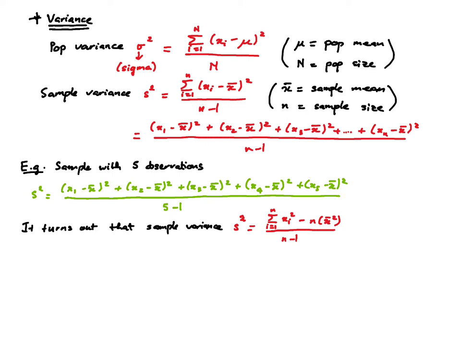So if you look at this example again, suppose we have a sample with 5 observations. How do we apply this formula? We apply this formula as follows.